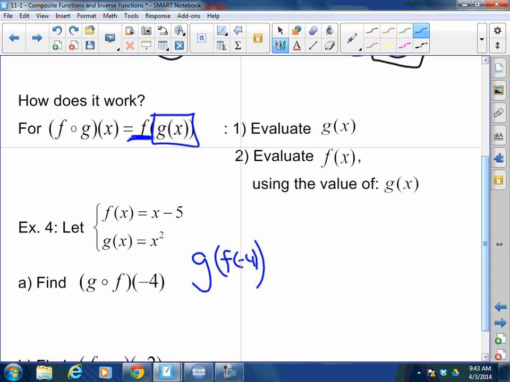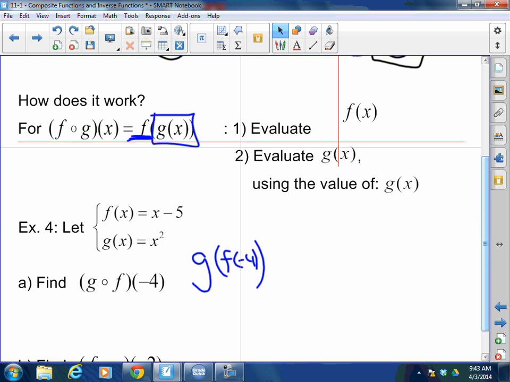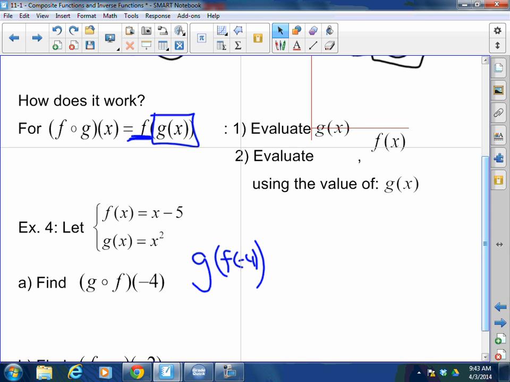Look at what I'm doing. What am I replacing the x of function g with? F of negative 4, right? So I should have reversed these, guys. I goofed up. Actually, no, it depends on what I did.